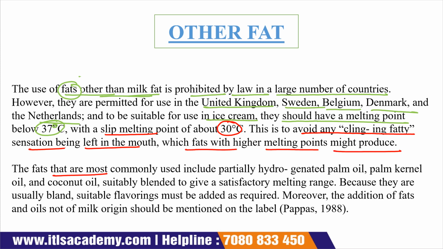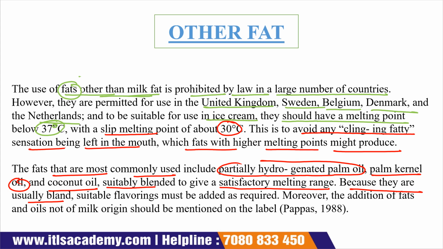The fats most commonly used include partially hydrogenated palm oil, palm kernel oil, and coconut oil, suitably blended so that they give a satisfactory melting range, because they are usually bland and suitable for flavoring.